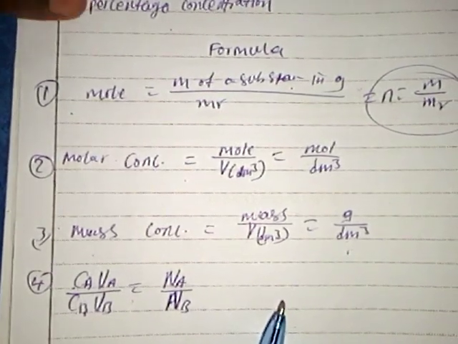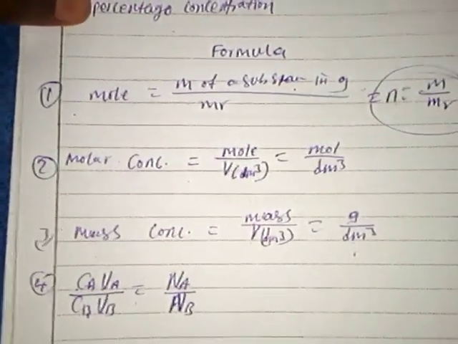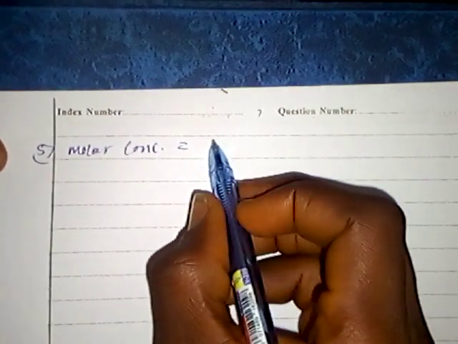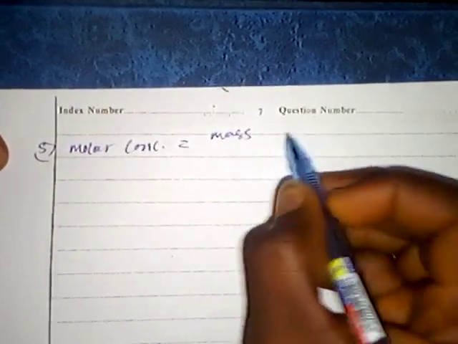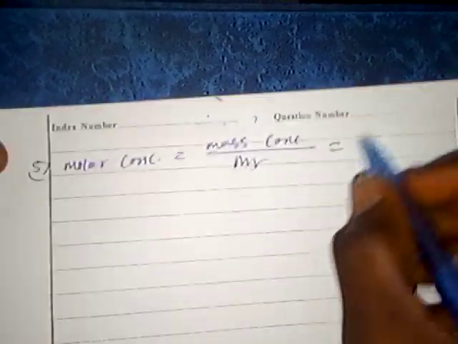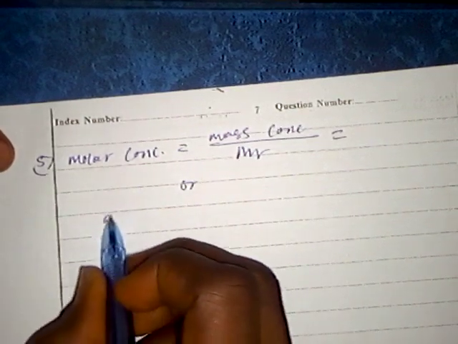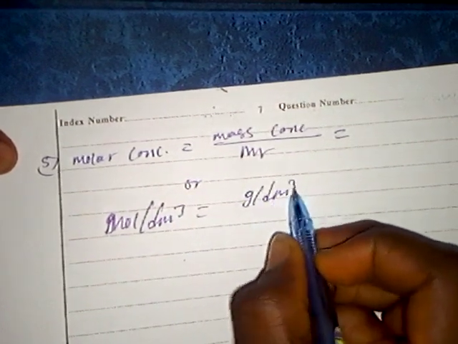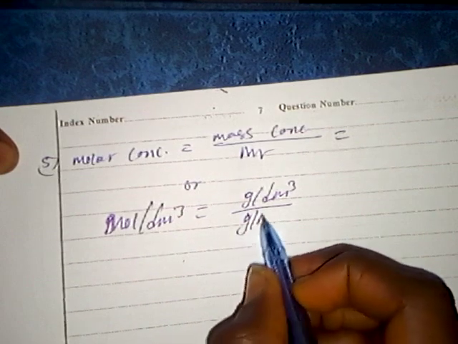Thank you. Again, we proceed towards the fifth formula. The fifth formula is the molar concentration, just equals to what? The mass concentration upon what? The molar mass. This is the fifth formula, which can also be expressed as what? Mole per dm cube just equals to gram per dm cube upon gram per mole.